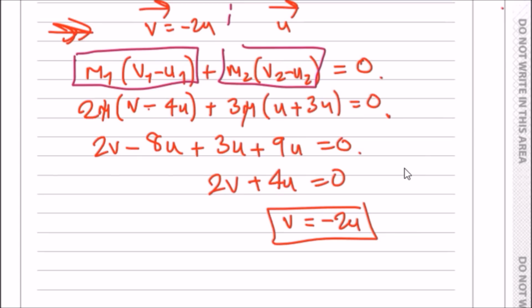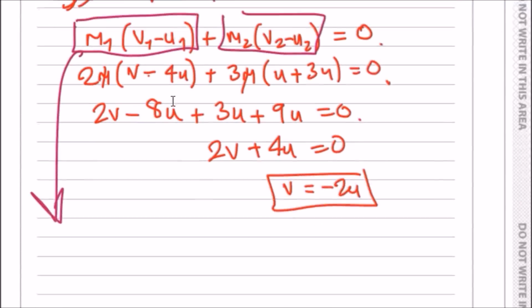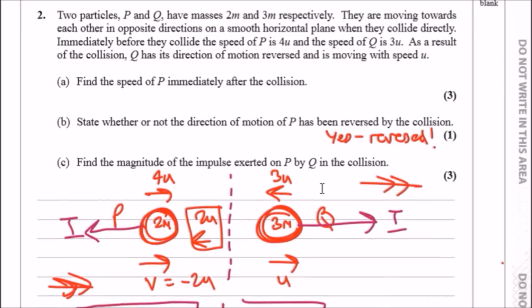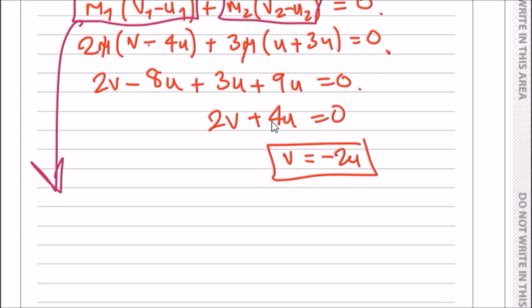So let's just take the first one. We've got v, which is now minus 2u. So minus 2u minus 4u should give us, let's have a look. Copying this down here, we should get a mass of 2m. So 2m times v, which is minus 2u minus 4u.